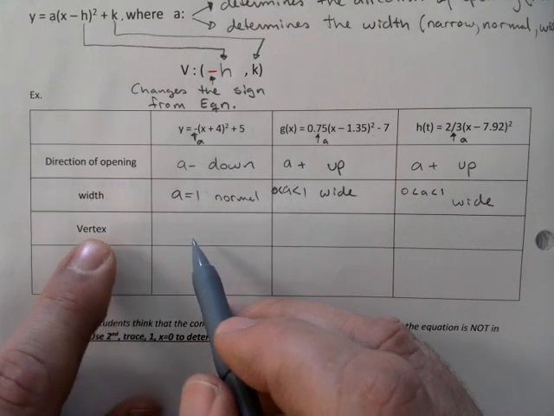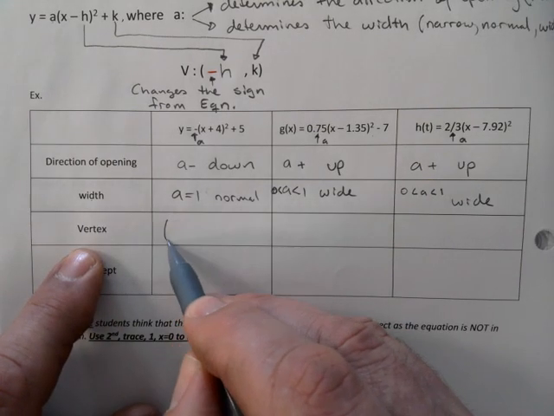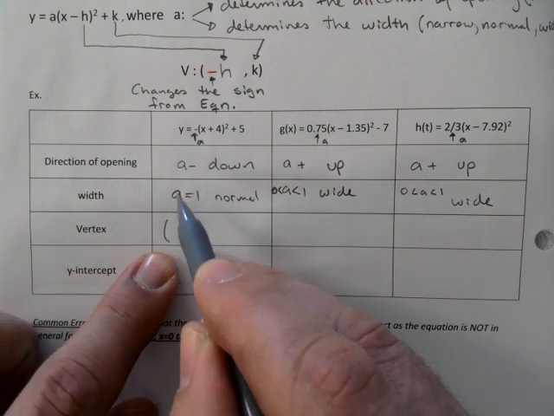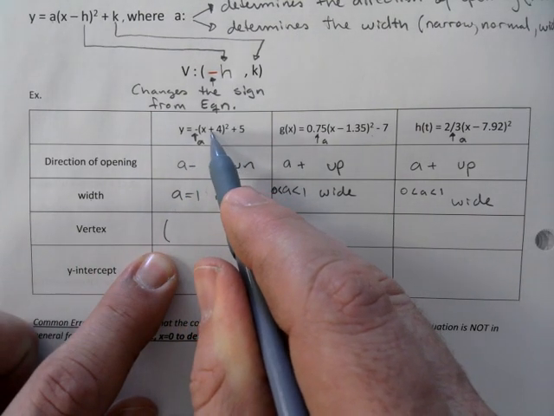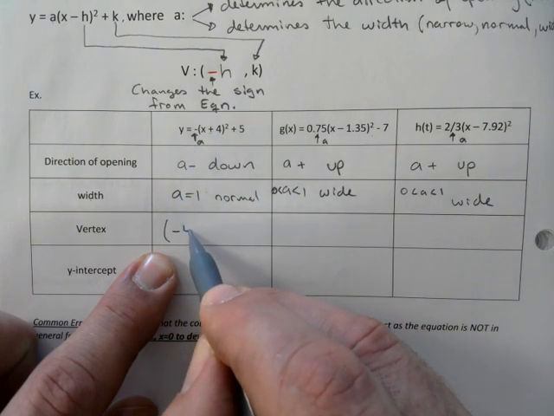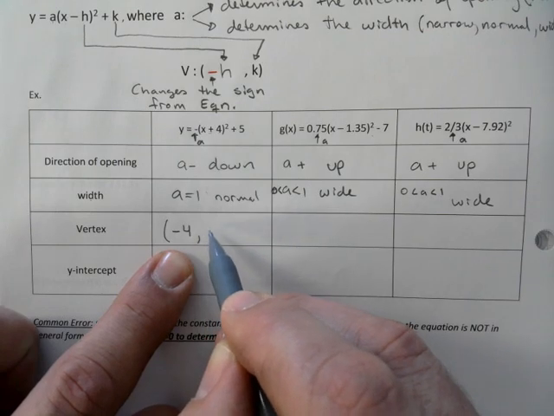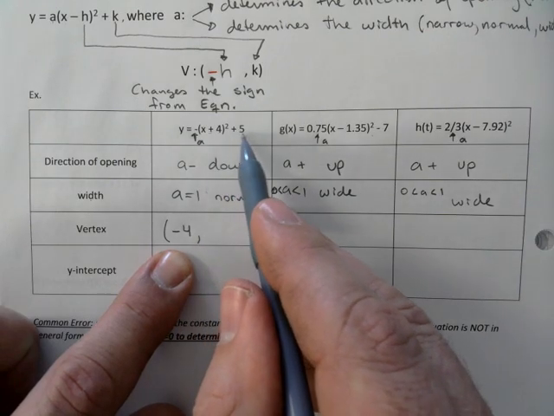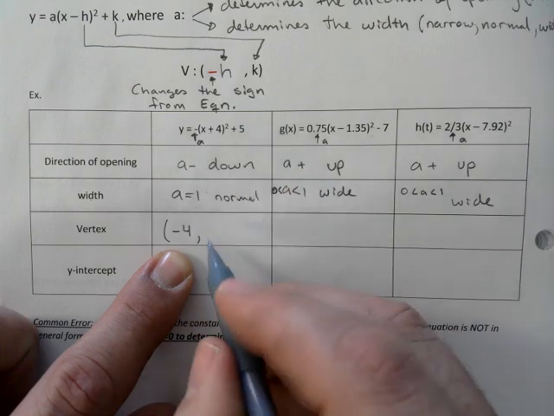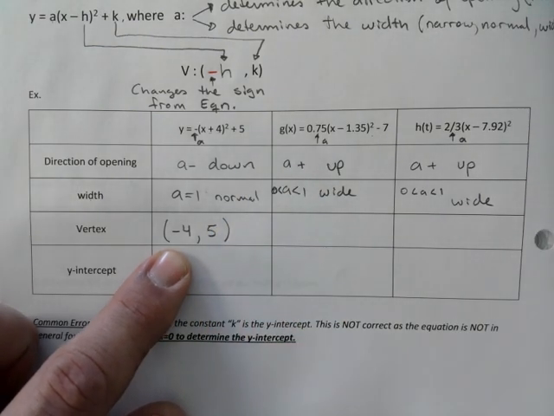So the vertex, let's be very careful here. You look at what's inside the brackets, and it's a +4. When you bring it out, it's going to be -4. But the k, the y value of the vertex, stays. You don't change that one. If I have a little more time, I will explain why that is.